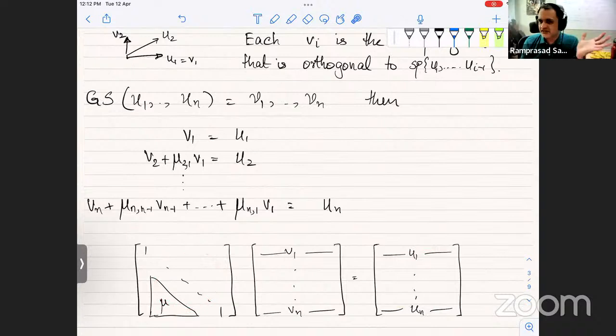And it's a very special sort of lower triangular matrix. It has ones on the diagonal, and the lower triangular part is made up of these constants mu that showed up in the expression for Gram-Schmidt.